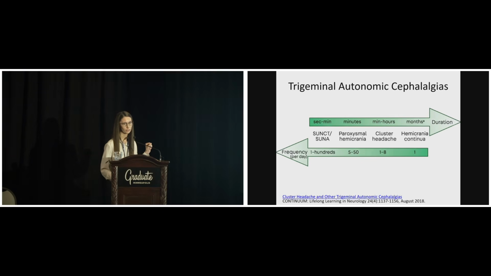These are the short-lasting ones. If it lasts for minutes and happens between 5 and 50 times a day, paroxysmal hemicrania. Cluster headache is from minutes to hours, so 15 minutes up to 3 hours, like our case, 1 to 8 times per day. And hemicrania continua, which is, as the name suggests, continuous.